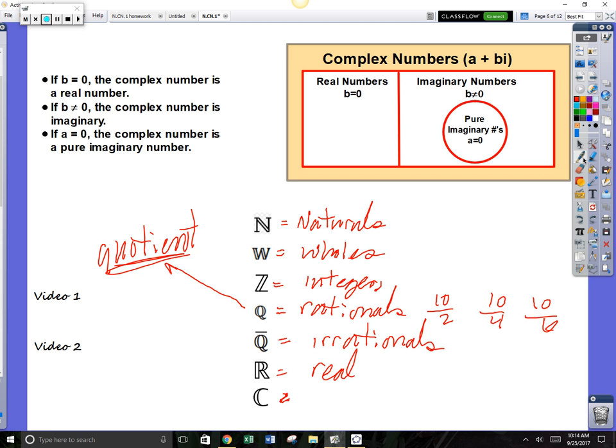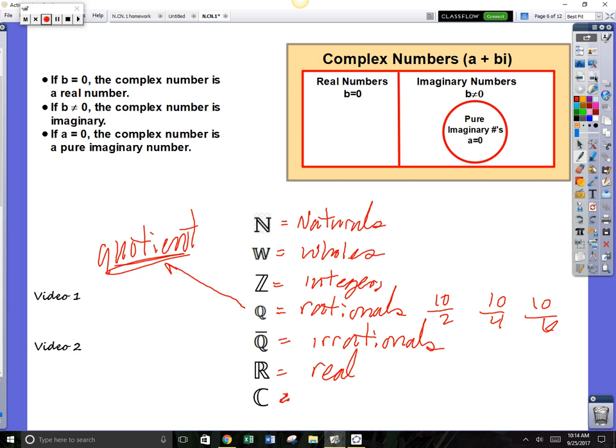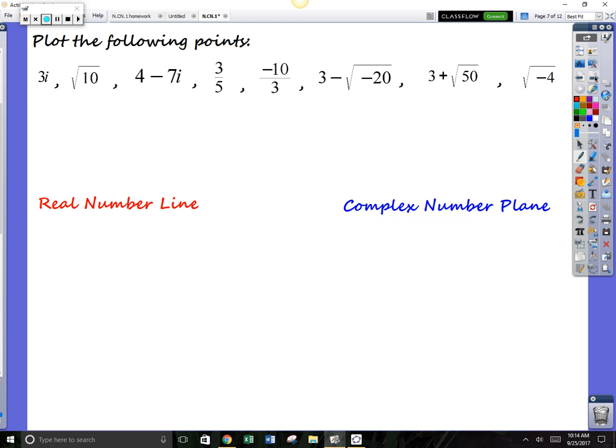Okay, so now, oh man, my pad's not working. It's bad news. Okay, here we go. I'm going to give you a string of numbers. I got a bunch of numbers right here. So this will help us make sense of what kind of numbers are what. We got this one right here. Okay, 3i is imaginary.